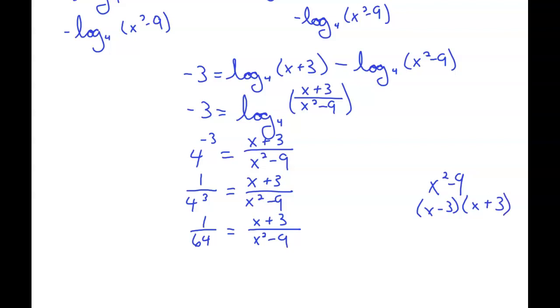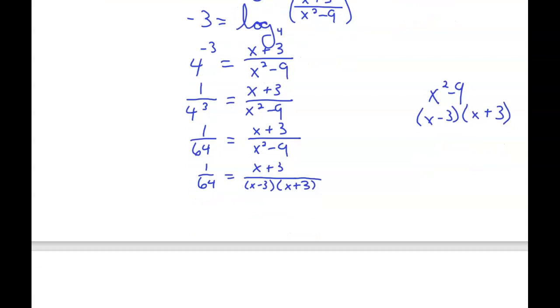And so then I would get 1 over 64 is equal to x plus 3 over x minus 3 times x plus 3. And the reason why I want to look at it this way is because my x plus 3's will now cancel out. And I will get 1 over 64 is equal to 1 over x minus 3.